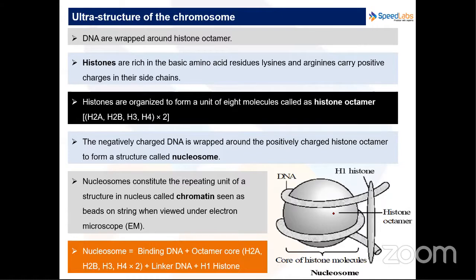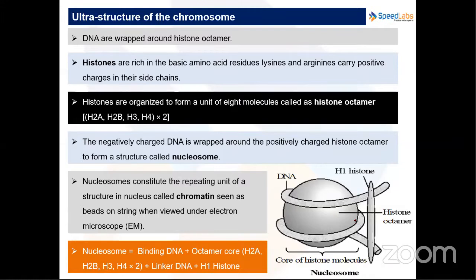There are histone proteins, and DNA binds to them. How is this association possible, and what are the different kinds of histone proteins? As you can see, H2A, H2B, H3, H4, and they form an octamer of 8 subunits.